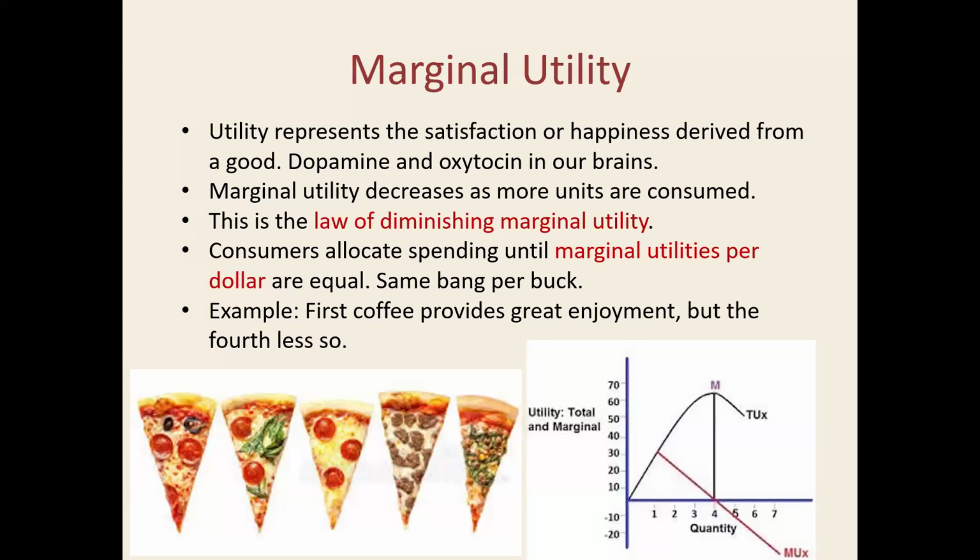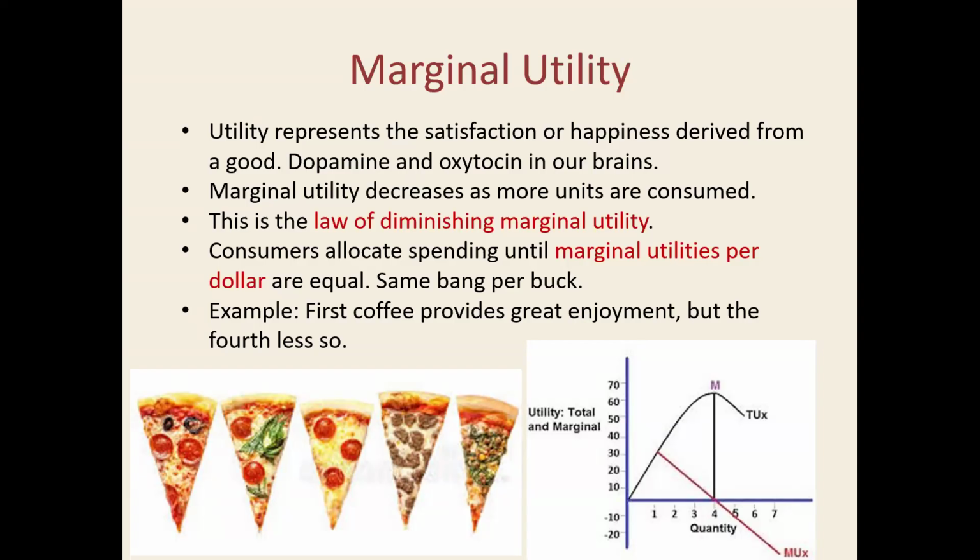The second slice gives us a little bit less enjoyment, where we're getting 20 more units of utility. The third slice gives us even less enjoyment, and by the time we get to the fourth slice of pizza, our utility plateaus, which means it's as much enjoyment as we're going to get. And if we were to consume that fifth or sixth slice, our utility or enjoyment would actually decrease.